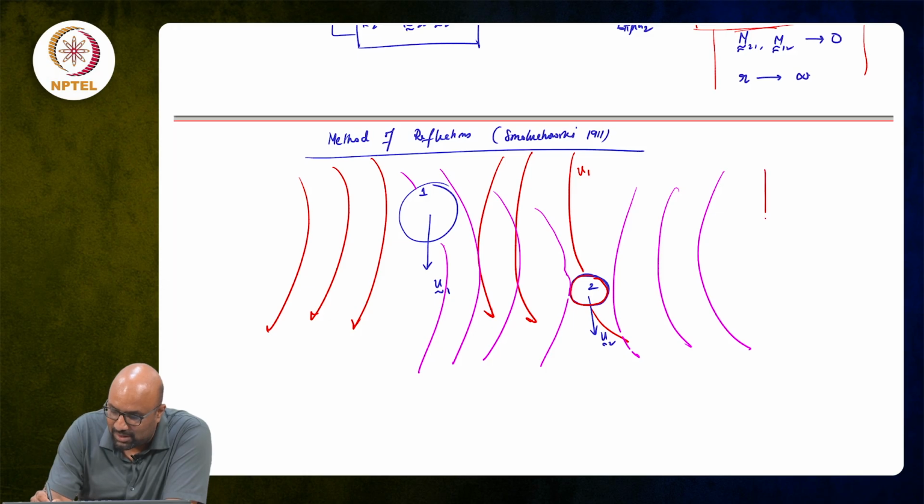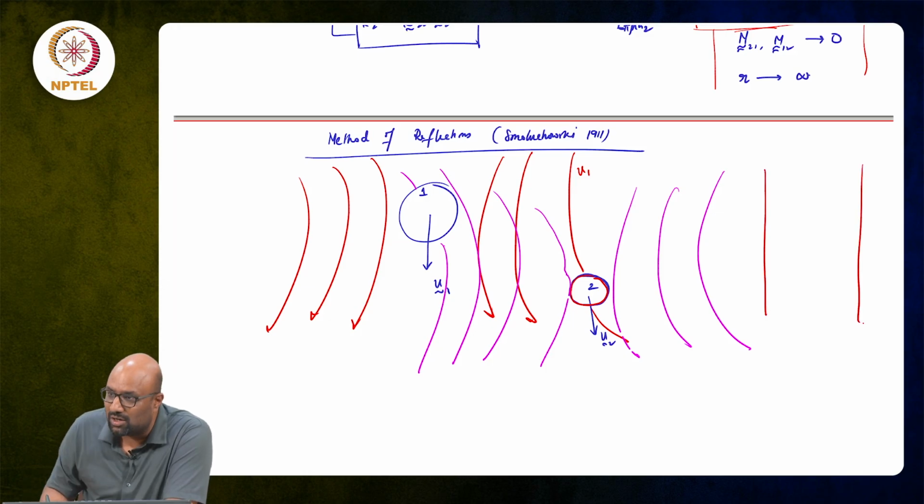Like if you imagine drawing two surfaces, and imagine there is some ambient flow. In this problem there is no ambient flow, but imagine that there was, and this is particle 1, this is particle 2. The presence of particle 1 is going to create a velocity field 1. The presence of particle 2 is going to create a velocity field 2.